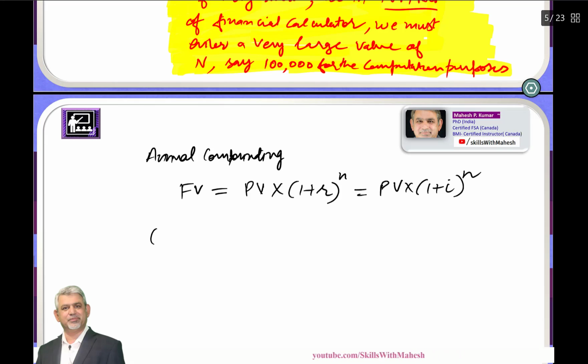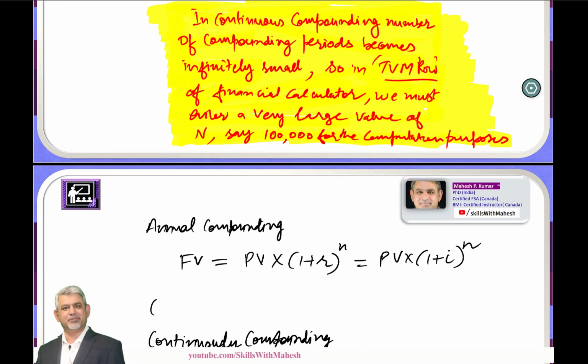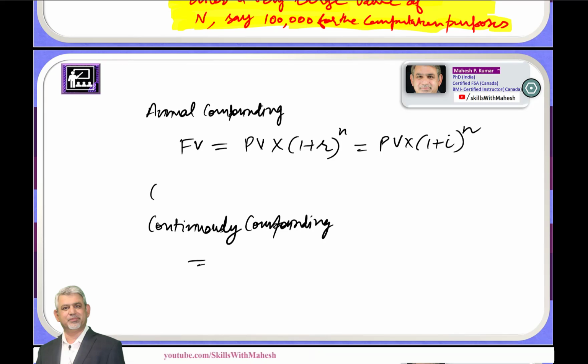But in continuous compounding, this formula changes. Since the number of compounding periods is infinitely large, the formula is present value times e exponent rt. r is the continuously compounding rate and t is the time.